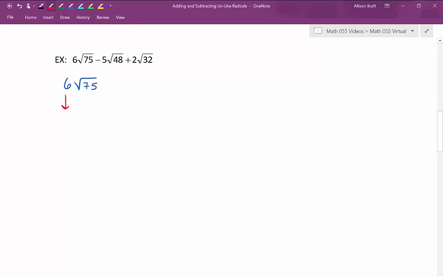We're looking for the largest perfect square that is a factor of 75. That would be 25. We can break this up into the square root of 25 times the square root of 3. And we know the square root of 25 is just 5. So we've brought down the 6, so it's going to be 6 times 5 square root of 3. So that's going to be 30 square roots of 3.